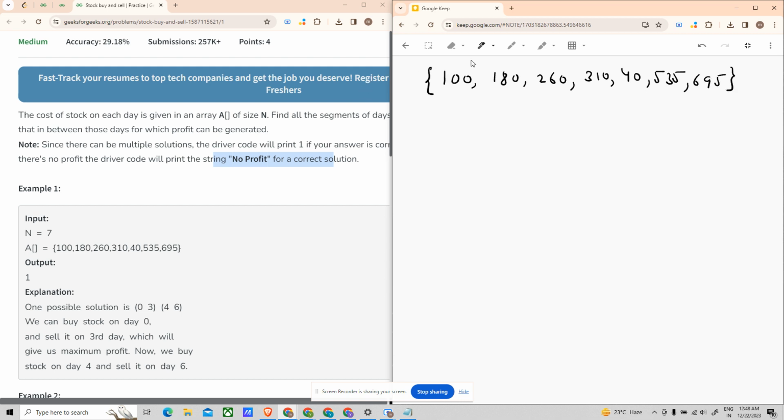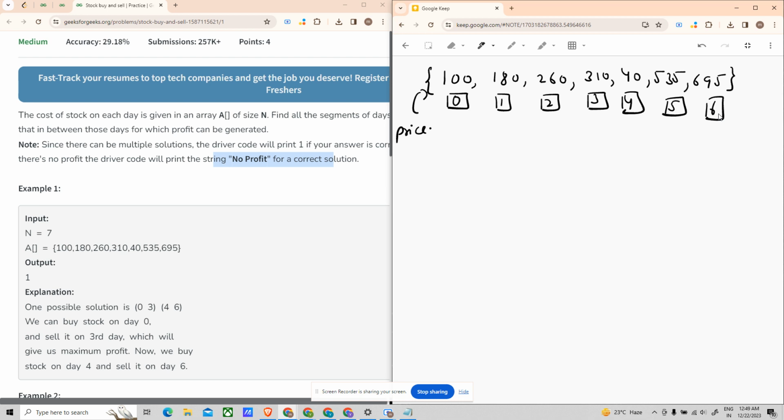This array represents the price of stock on each day. This is day 0, this is day 1, this is day 2, this is day 3, this is day 4, this is day 5, this is day 6.